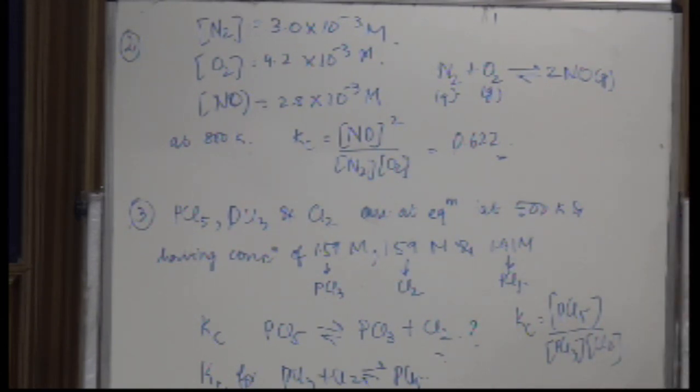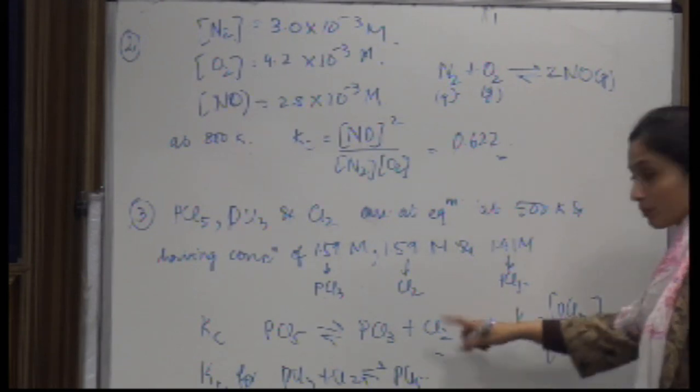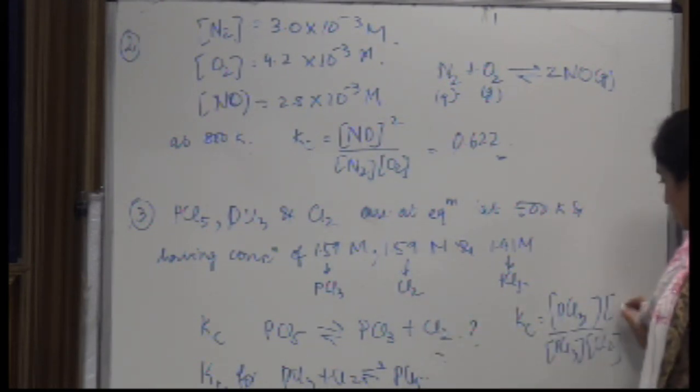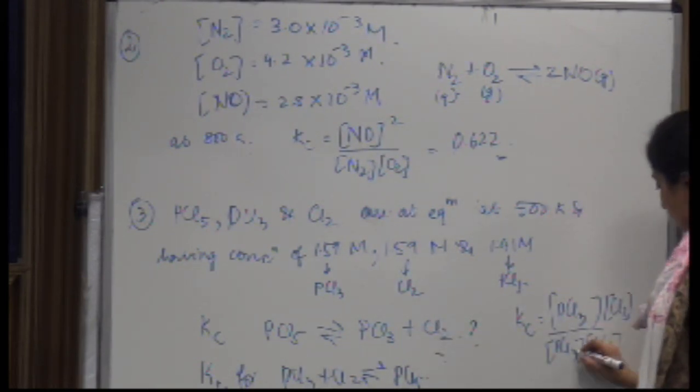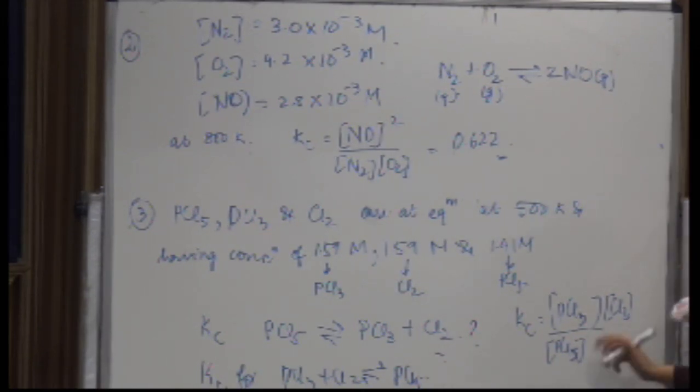Nothing could have been easier than this. This is a very simple reaction. So here, oh sorry, it's just the reverse. The product concentration first upon PCl5. This will be for the general reaction that is given. So you could have had this very simply.